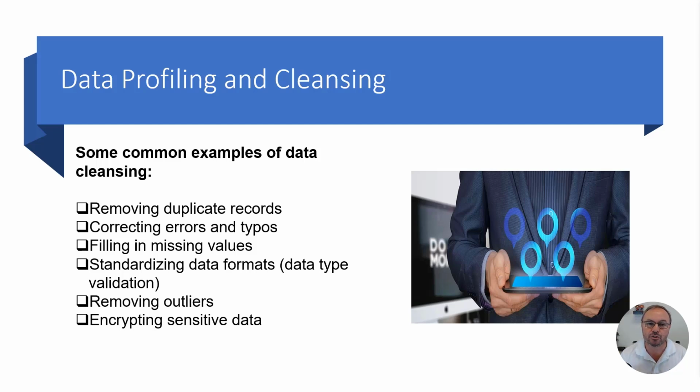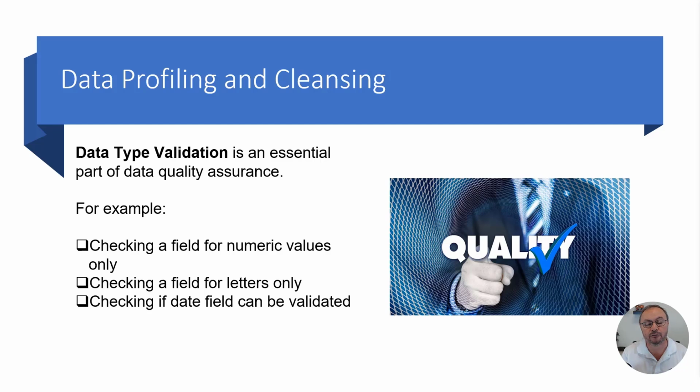Over time, things change, the applications change, the fields need to change, and if we don't keep up with those changes, then we will have data that's out of scope, that is not cleansed, that is not profiled properly. So we need to go back and run through exercises to make sure that that data is actually sanitized and that there is no, for example, privacy data exposed where it shouldn't be.